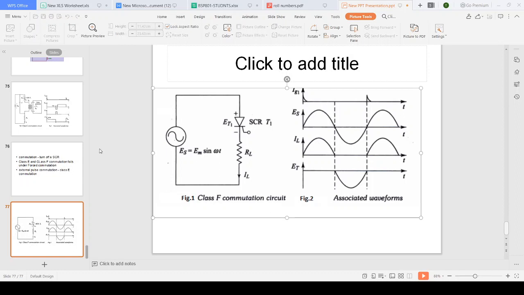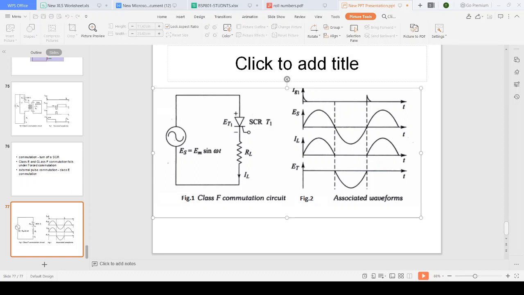In this circuit diagram, an AC source voltage is applied from the left-hand side. It is connected to SCR T1 and resistor RL. These are the three major components of this commutation technique.